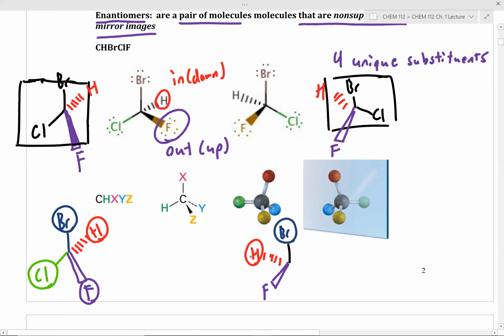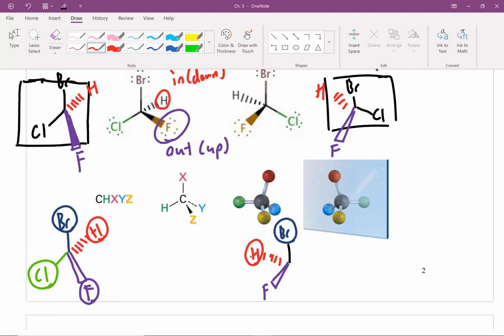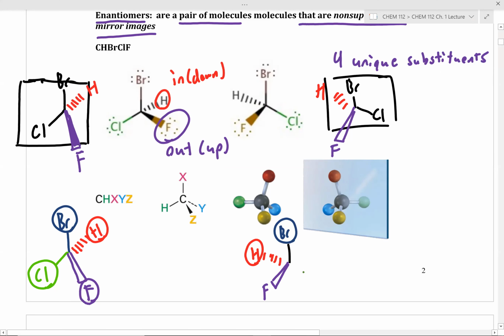The hydrogen pointing into the plane of the page on the left-hand side. And finally, we have our chlorine on the right. Okay, perfect. So now that we have our substituents all in place, our goal now is to rotate this molecule and to try and overlay these molecules to show that they are non-superimposable.